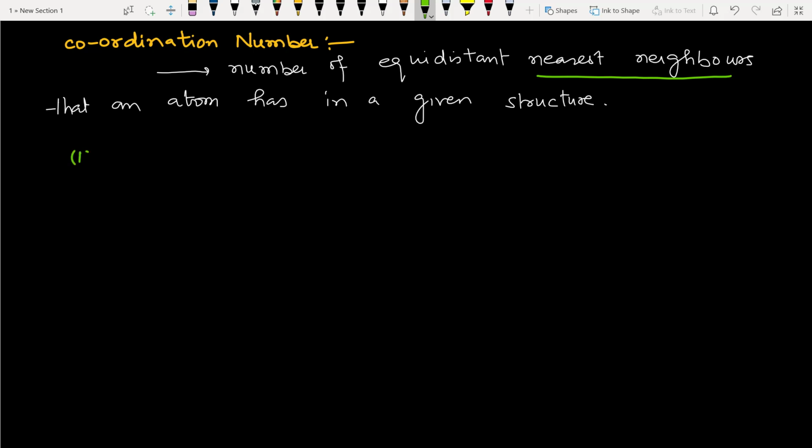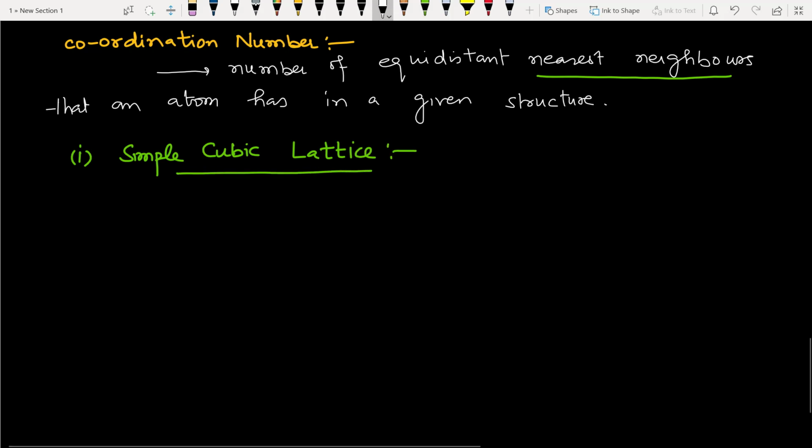First is simple cubic lattice. So as we know, in a simple cubic the atoms are present at the corners of each cube.